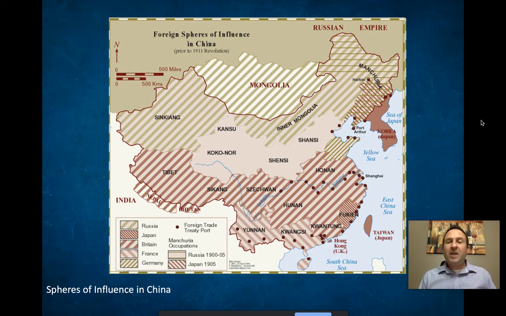So that the United States would have open door access to the large 400 million person marketplace where they could trade, where they could exploit the cheap laborers of China and establish military bases overseas. And so he thought this would be the way to open up China to American goods. And honestly, he'll be right. But to get there, it'll take a war.